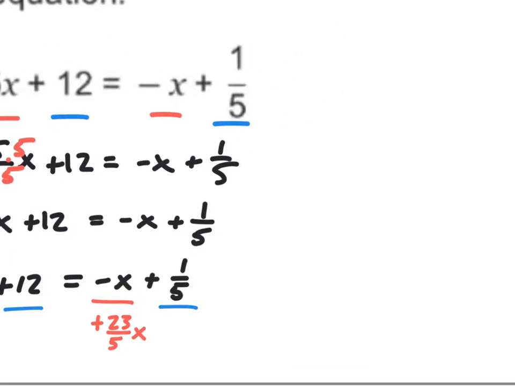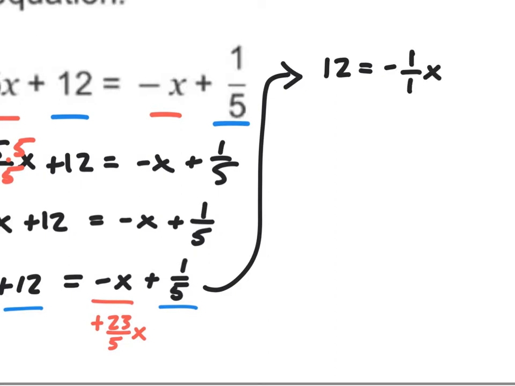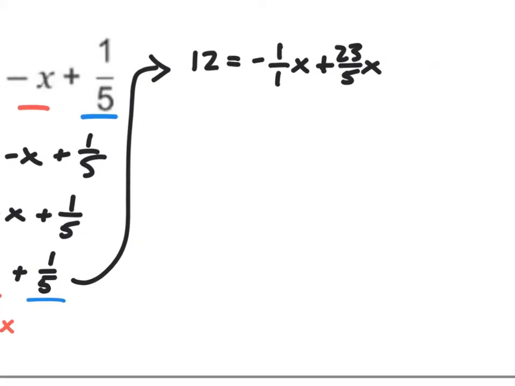Okay, and so I'm going to get this. I'm going to move this up here a little bit. I'm going to get positive 12 is equal to negative x, and let's do this instead of negative x: negative 1/1x plus 23/5 x, and then plus 1/5, okay? And so what I want to do is get a common denominator.